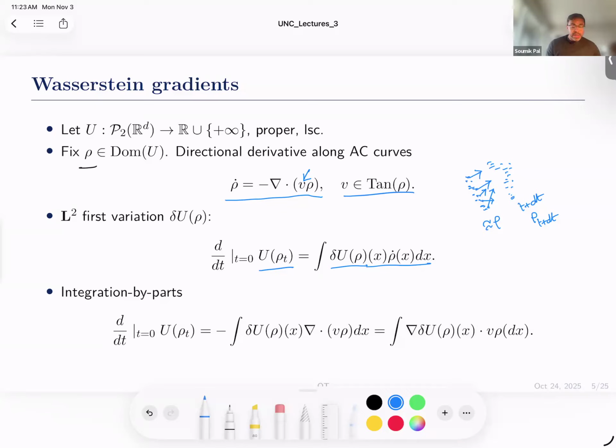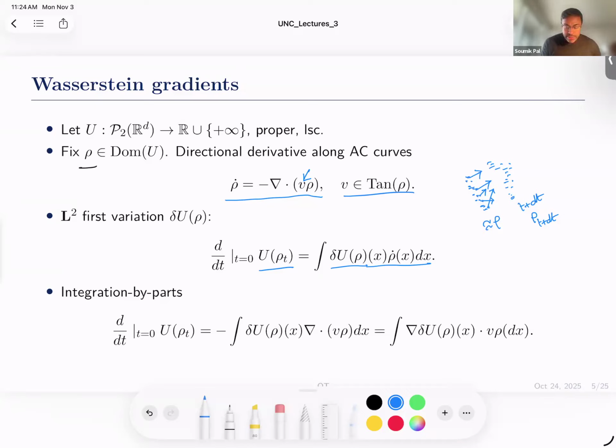How do I know such a delta u of rho of x will exist? Actually, it's the same argument, the same Riesz representation argument. The previous Riesz representation argument was applied to the Hilbert space, which is the tangent space at a point p in the Riemannian manifold. Over here, that same argument applied to L2 of the Lebesgue measure will tell you that this will exist.